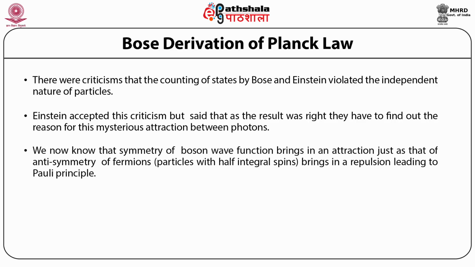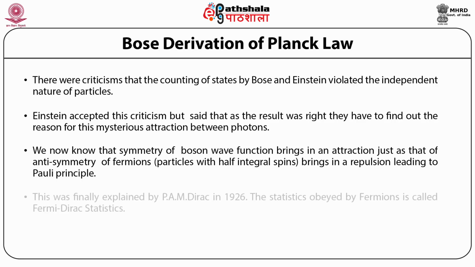We now know that the symmetry of boson wave function brings in an attraction just as the antisymmetry of fermions, that is, particles with half-integral spin, brings in a repulsion leading to the Pauli principle. This was finally explained by P.A.M. Dirac in 1926. The statistics obeyed by fermions is called Fermi-Dirac statistics, and the statistics obeyed by bosons, which we discussed earlier, is now called the Bose-Einstein statistics.